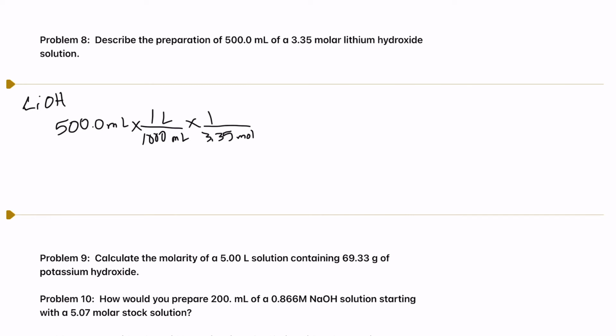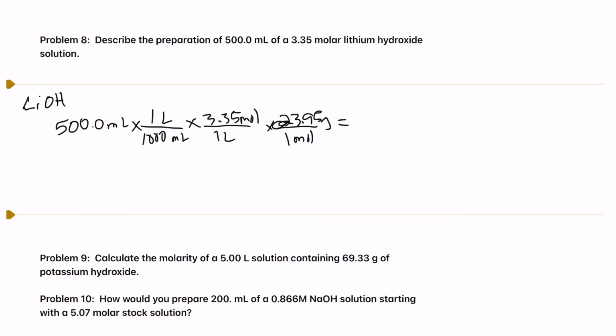Get out of the milliliters, convert it to liters. And then we use our molarity to get into moles. And then I need to convert from moles to grams. And so we look up on the periodic table and we find out that lithium hydroxide has a mass of 23.95 grams per mole.